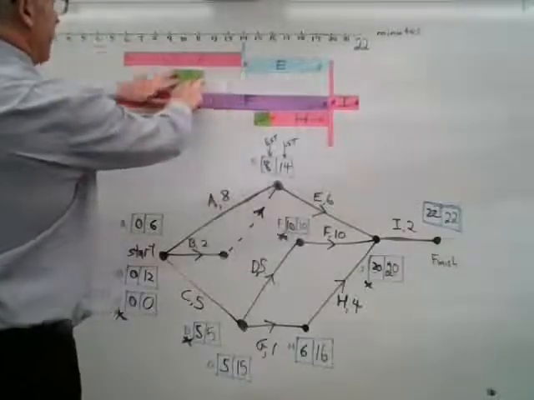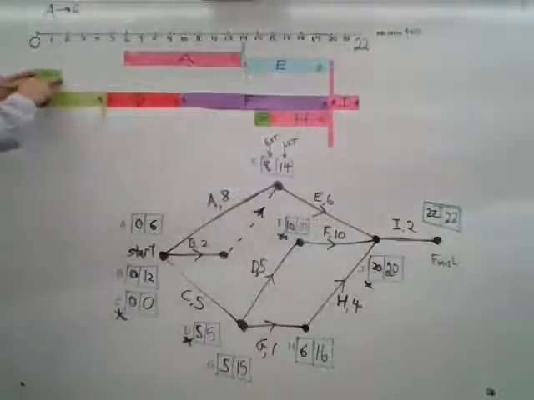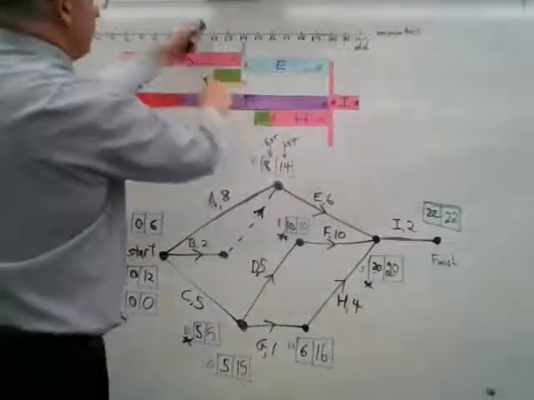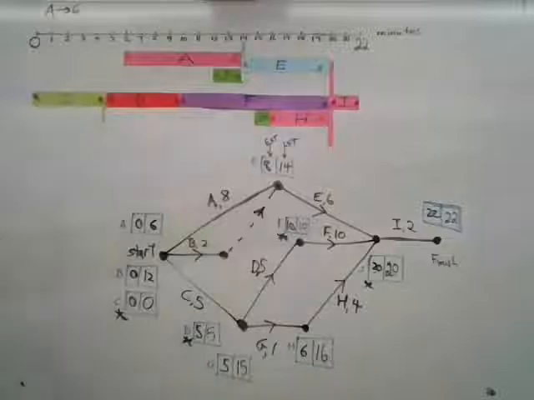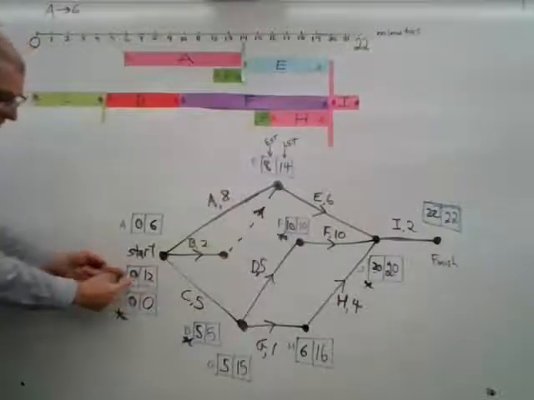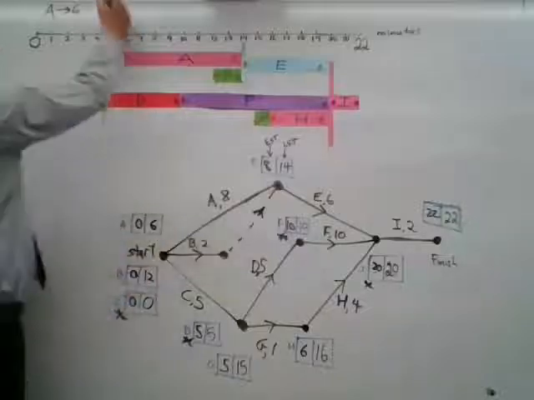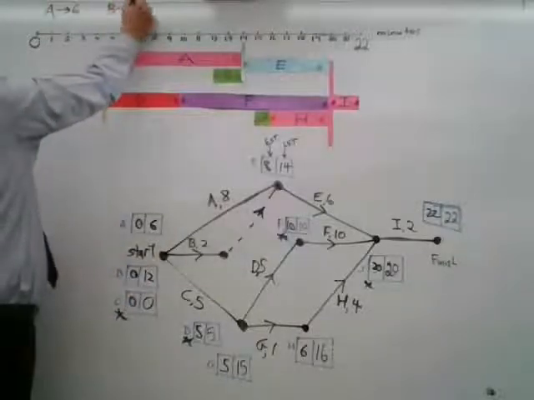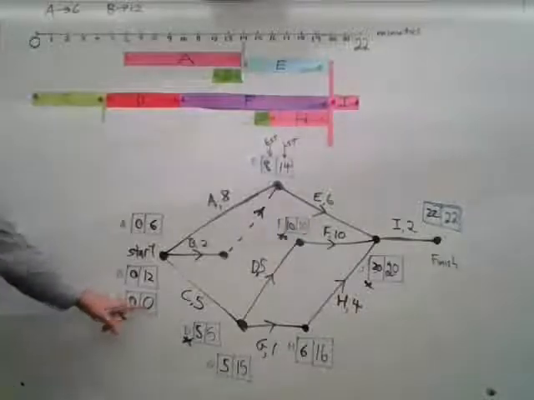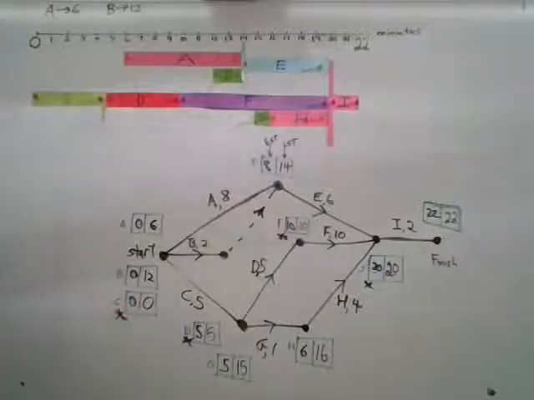Well, B can float anywhere from 0 all the way up to the 12-minute mark before it begins. Or if you like, 12 minus 0 is 12. So B has a float time of 12. As we said before, C has a float time of 0 and it's a critical activity.